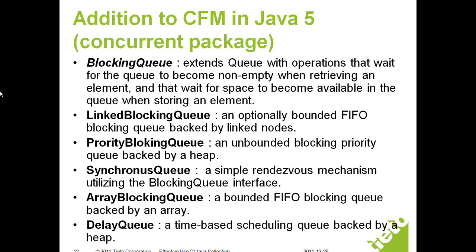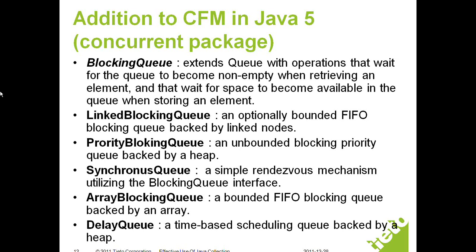Blocking queue. It is the interface which extends the queue interface and operates just like a queue, but over here it blocks when retrieving an element, waiting for the queue to become non-empty, and it keeps on waiting.